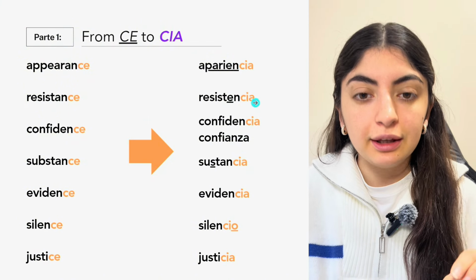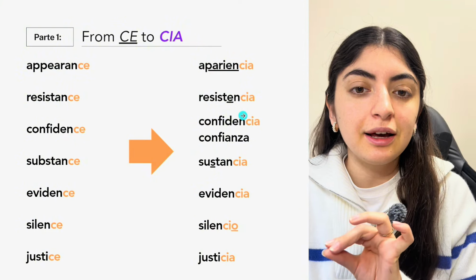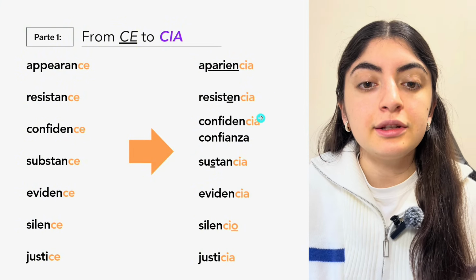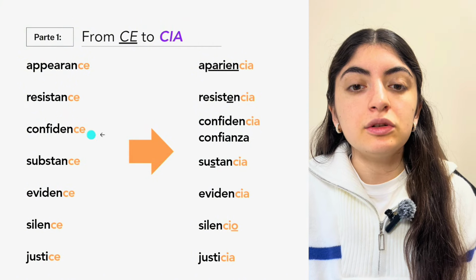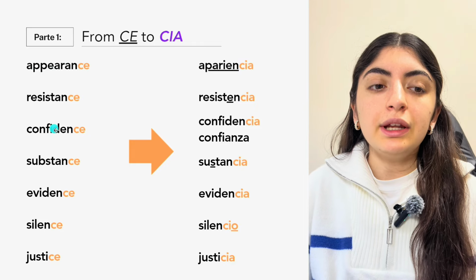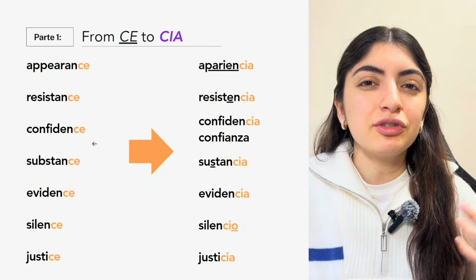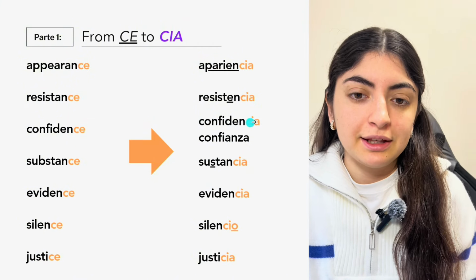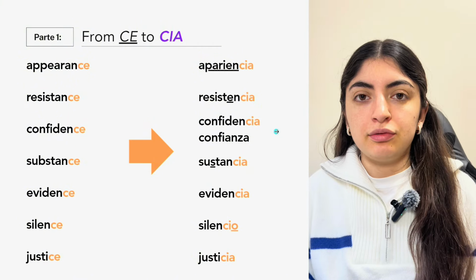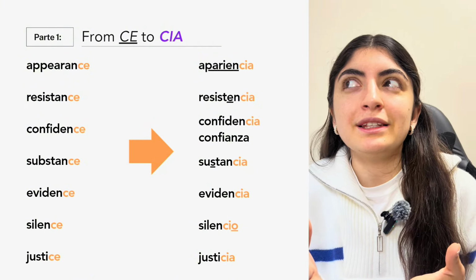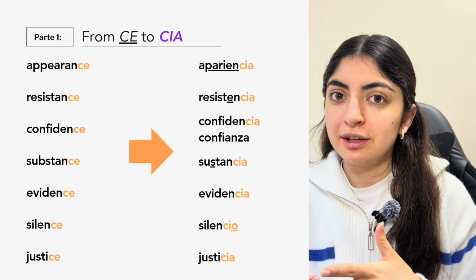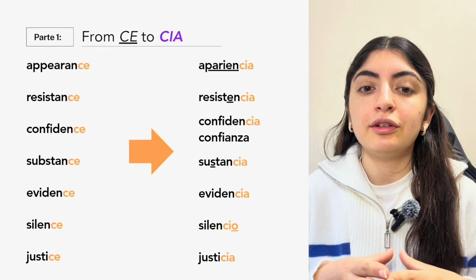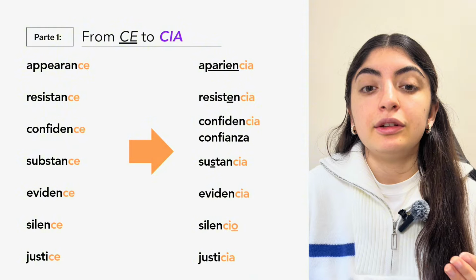Then we have resistencia with an I. Resistencia. And here for confidence, we have two. Confidence in the literal translation in Spanish would be confidencia. And it's useful, but confidencia, it's more like a secret in Spanish, not like to be confident.